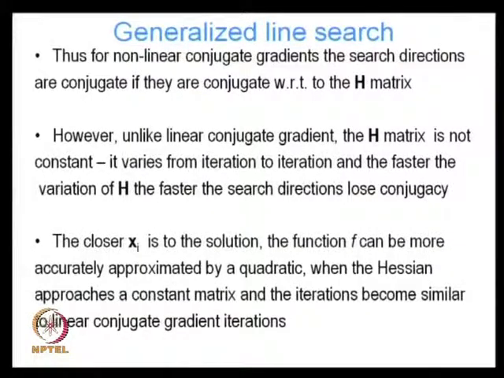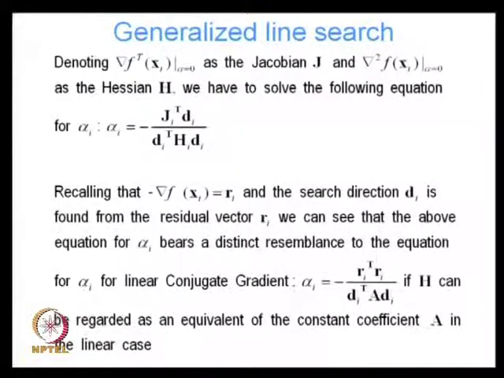So, for nonlinear conjugate gradients, the search directions are conjugate if they are conjugate with respect to the Hessian matrix, because the Hessian here plays exactly the same role as the A matrix. If the directions are conjugate with respect to the Hessian matrix, then the conjugate gradient method is going to do well, it is going to be very close to its behavior in the linear conjugate gradient situation.